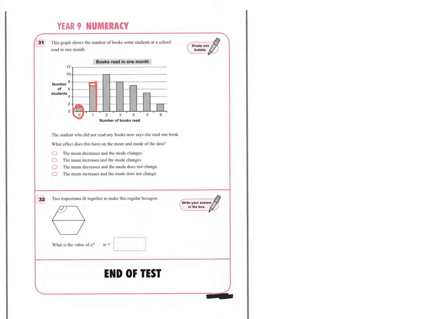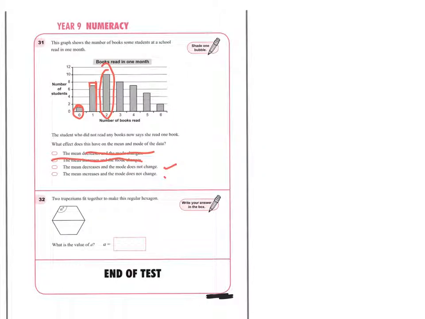And we can see the most occurring number of books read is 2, so 10 students. So the mode is equal to 2. So it's not going to affect the mode. Does the mode change? No. Mode does not change.